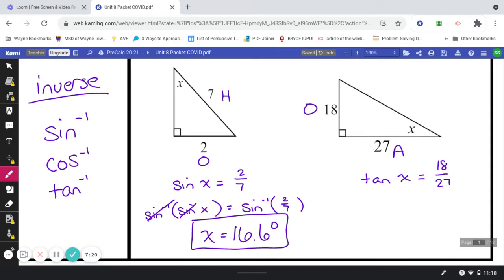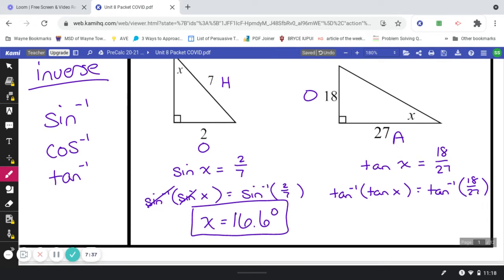And then we're going to inverse tangent. So again, tangent to the -1 on one side, and tangent to the -1 on the other side. Everything else just copies down into the problem. Tangent inverse and tangent cancel. And then we type that into the calculator.